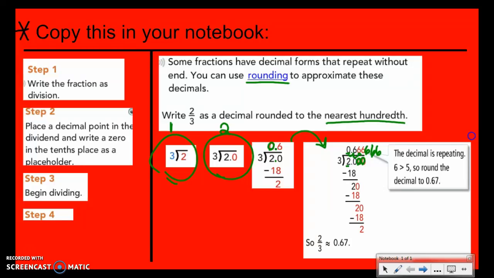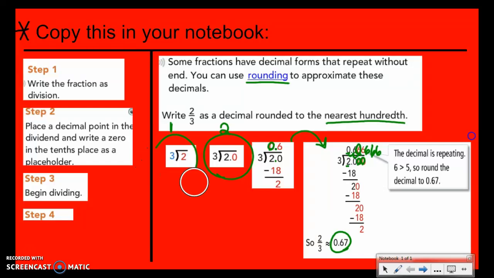When you round to the nearest hundredth, that means you're going to round that number up or down, depending on what comes next. Since 6 is more than halfway to 7, so might as well round up to 7. Okay? So your answer should be 0.67, 67 hundredths. That's how the rounding whole thing works.